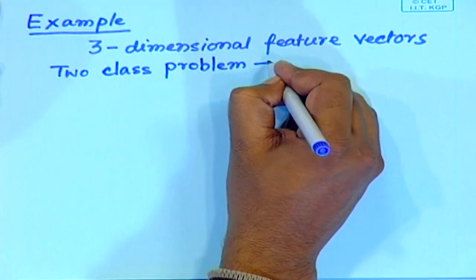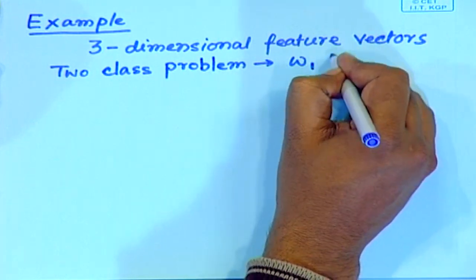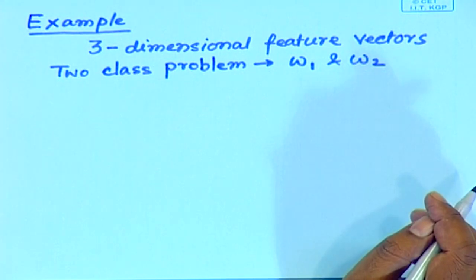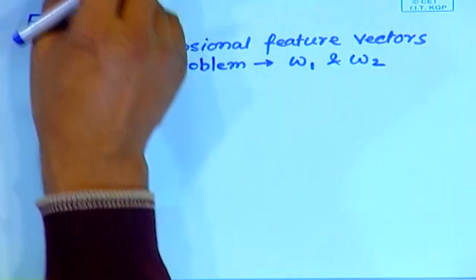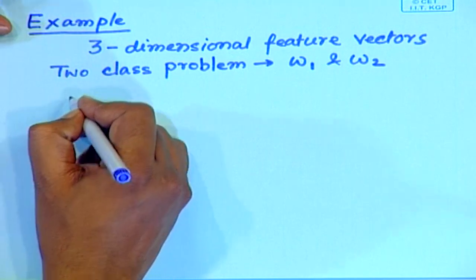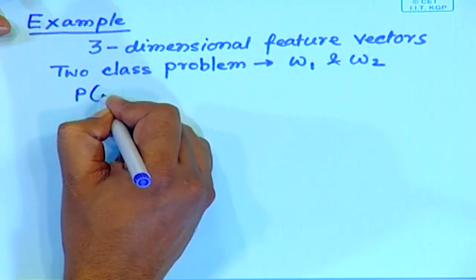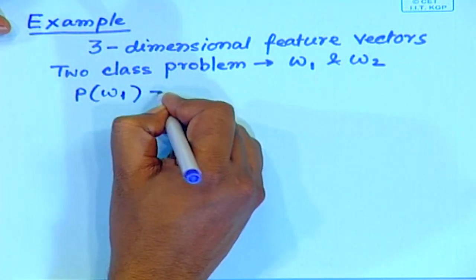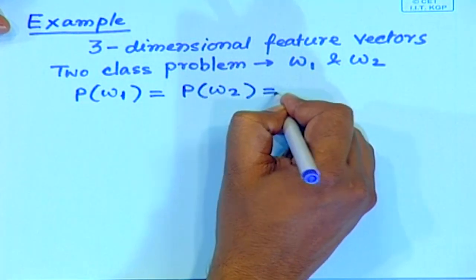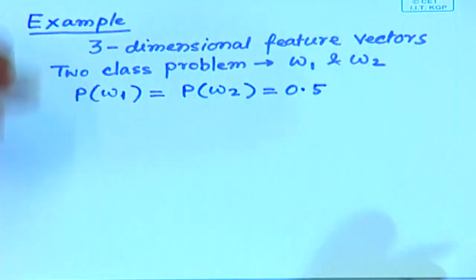That is, I have classes omega 1 and omega 2. So these are the two classes I have, right? And every feature vector is a three-dimensional feature vector where every individual component can be either 0 or 1. Okay, and let us also assume that the a priori probabilities P(omega 1) and P(omega 2) are the same, equal to 0.5.